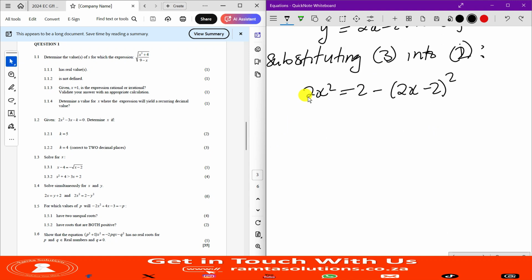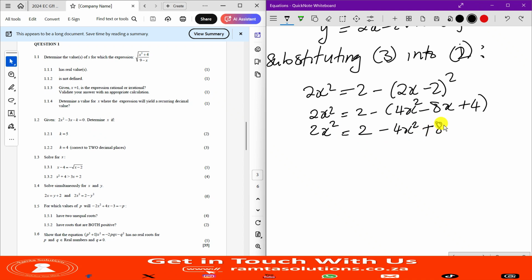So we have 2x squared equals 2 minus, this becomes 4x squared minus 8x plus 4. Further simplification: 2x squared equals 2 minus 4x squared plus 8x minus 4.